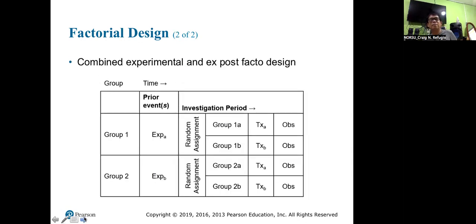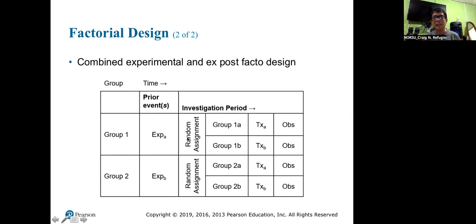Factorial design. So it's a combination of experimental and ex post facto design. So we have groups, group one and group two. So we have prior events. So we have the ex post facto, and we have the investigating period. So we have random assignment.